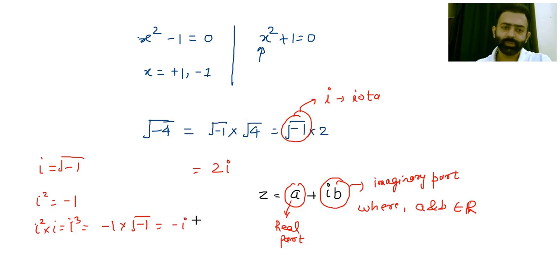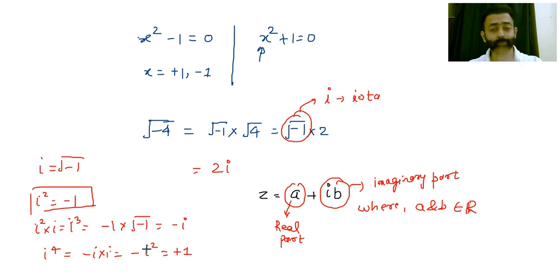So i cubed is -i, and lastly i raised to power 4 is -i into i, which is minus of i squared, and as you can see i squared is -1, so this is -1 into -1, which is +1. That means if I multiply this iota 4 times by itself, you will get the real number 1.